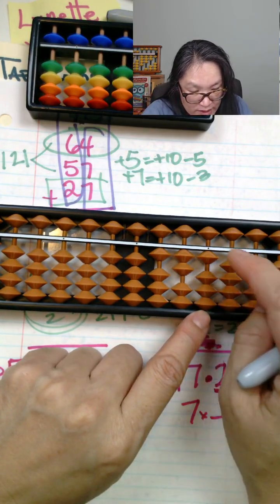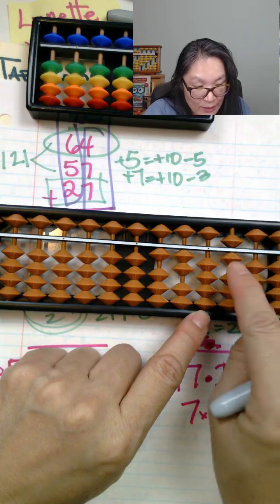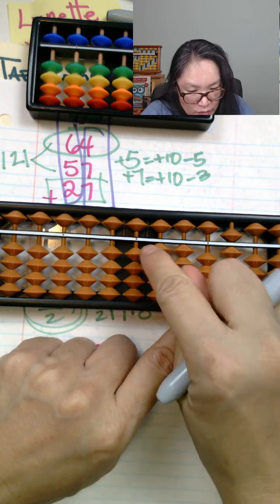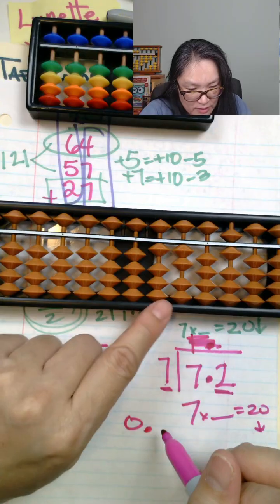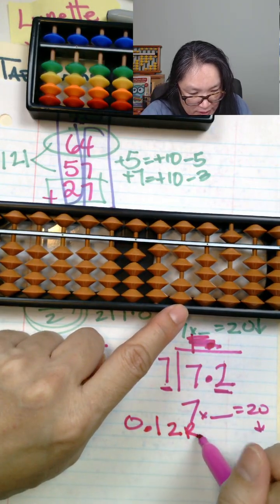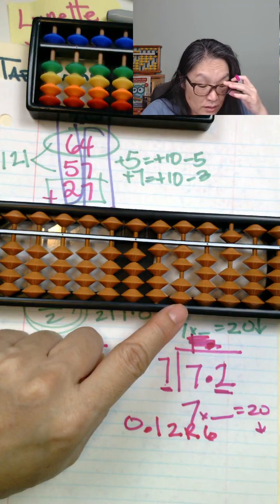So I take away 1, take away 4. And then it just carries on, right? Now I have a remainder, so it'd be like an R. So this answer would be 0.12 remaining 6. That's what I would do. If that makes sense.